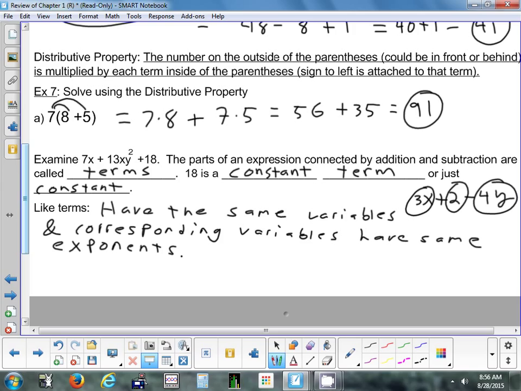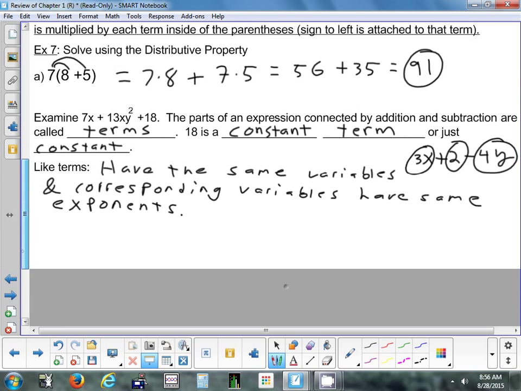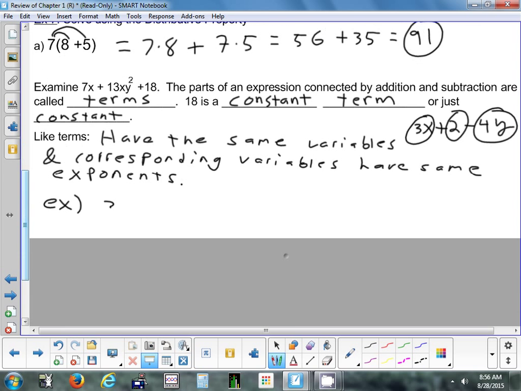Make sure it has a number and a letter in it. 3x. Perfect. Okay, so here's an example. Somebody give me a like term that would go with 3x. Yep, Jalen? 4x, perfect. Has the same variables, x and x, and each variable has the same exponent.